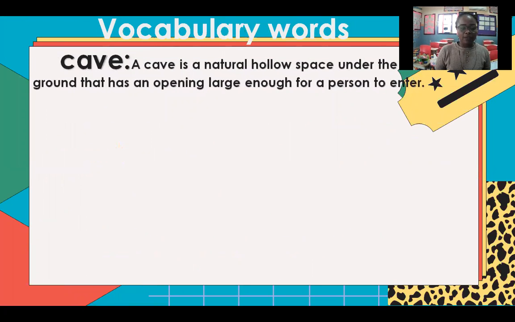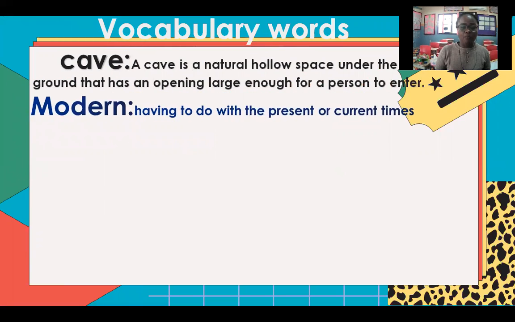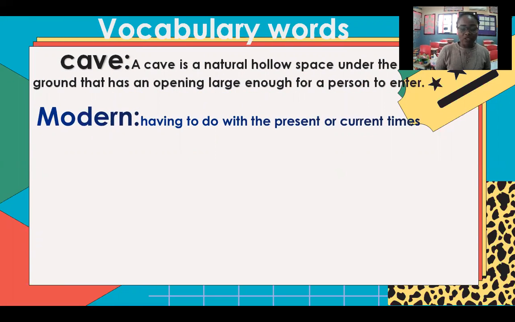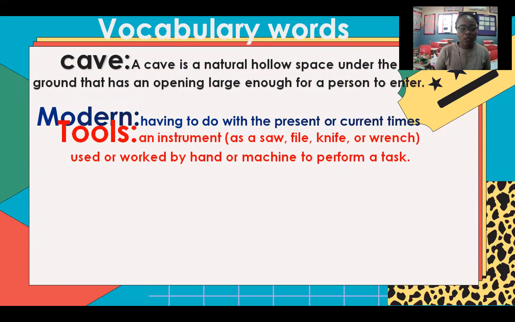Vocabulary words. The first vocabulary is cave. A cave is a natural hollow space under the ground that has an opening large enough for a person to enter. Modern: having to do with present or current times.